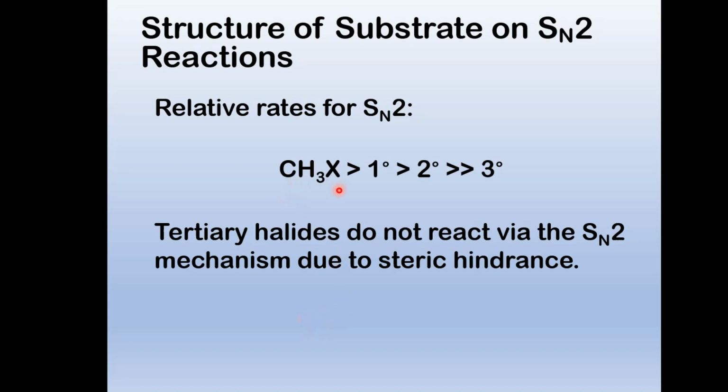A methyl substrate is going to be the quickest, followed by a primary alkyl halide, followed by a secondary alkyl halide. Double inequality means tertiary alkyl halides do not react via an SN2 reaction. Tertiary halides do not react via the SN2 mechanism due to steric hindrance.